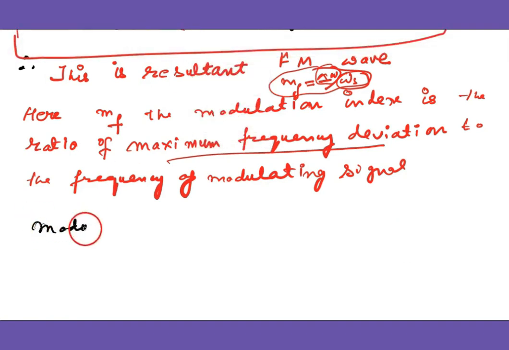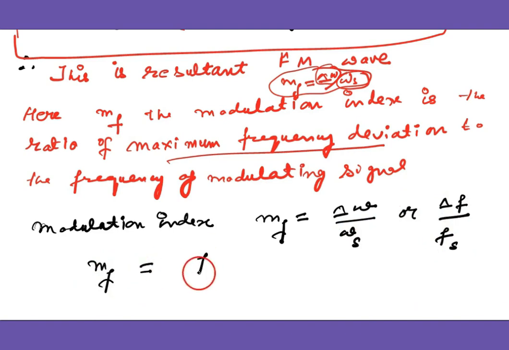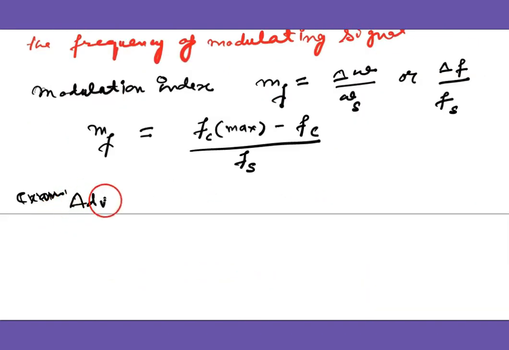Because delta omega upon omega s, MF equals delta omega over omega s, or delta f over fs, and maximum is this.